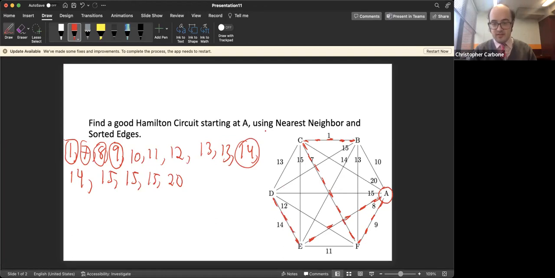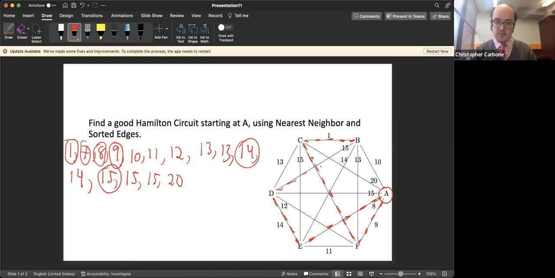So in order for this circuit here to be completed, we would need to go from the vertex of D. The only way we could possibly complete the circuit then would be to connect D to B, which has one of the weights of 15.